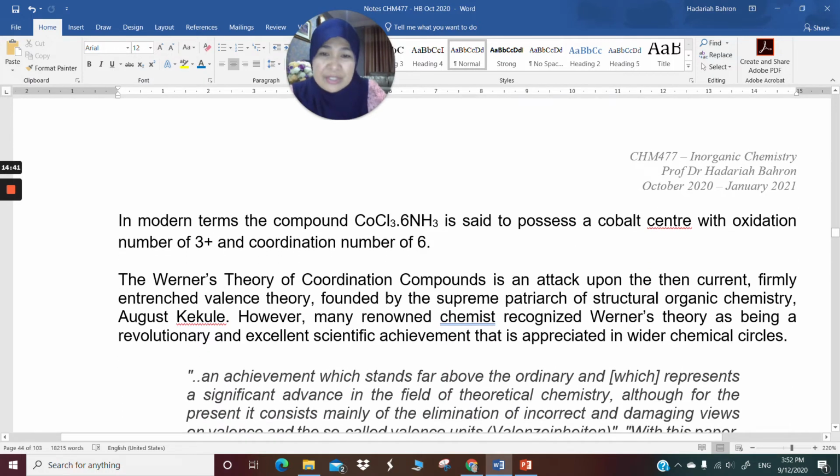Now, in modern terms, the compound CoCl3·6NH3 is said to possess a cobalt center with an oxidation state of +3 and a coordination number of 6.